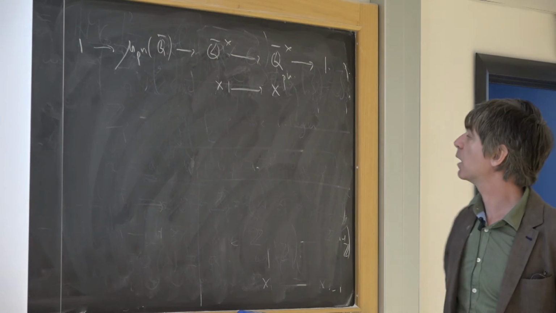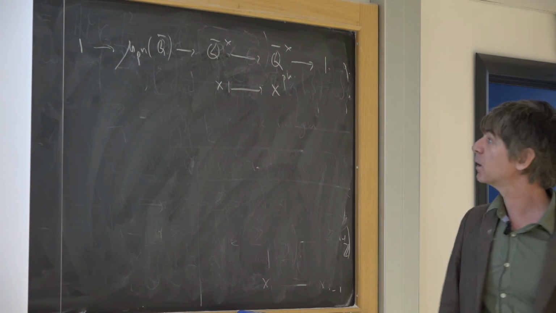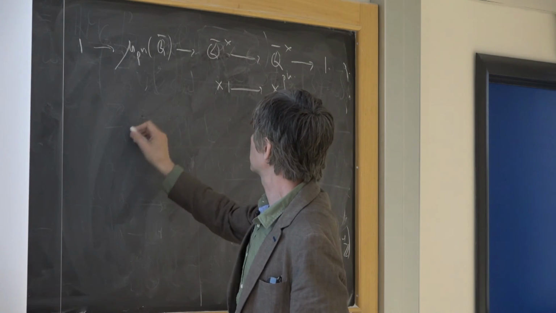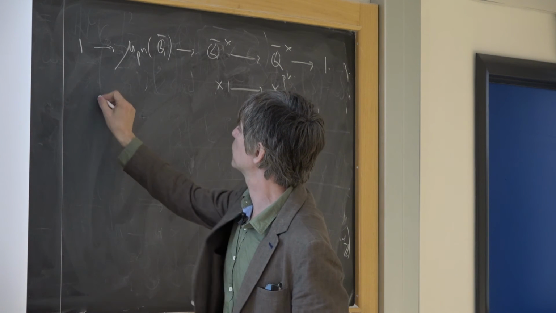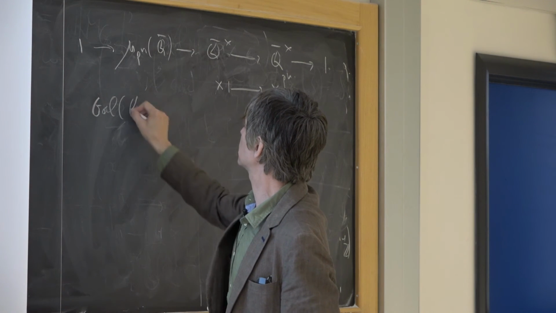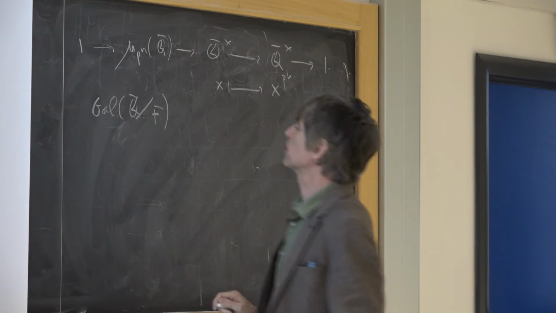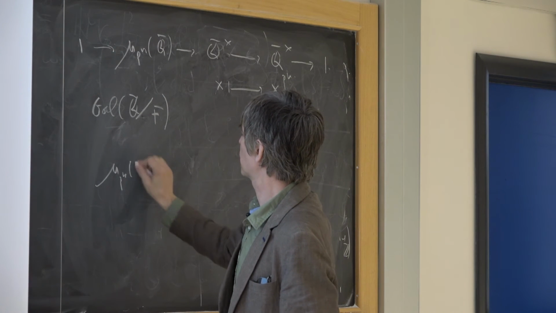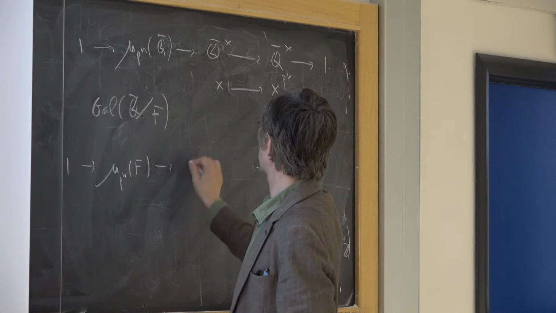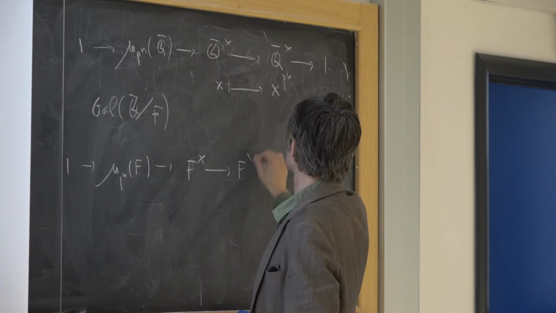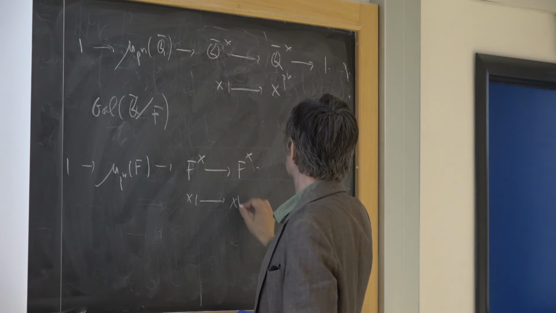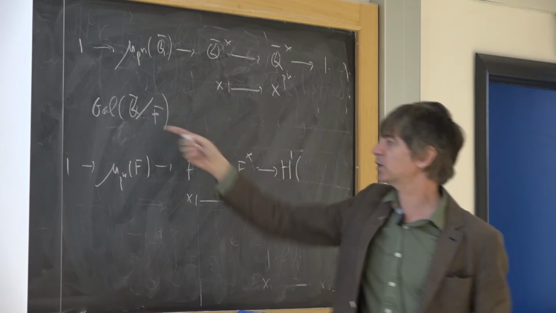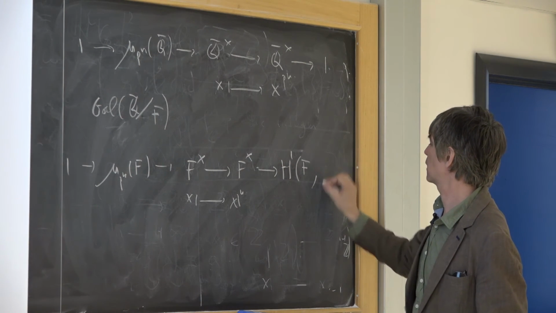And if you look at the long exact sequence attached to this short exact sequence for the cohomology of the group G, what you get, when you do that for Galois of Q bar over F, is mu pn of F, then F cross, so this is x goes to x to the p to the n. And then you go to H1 of F, mu pn.